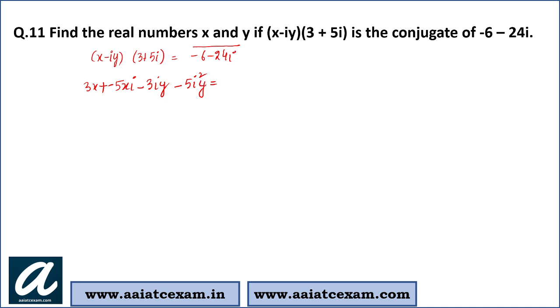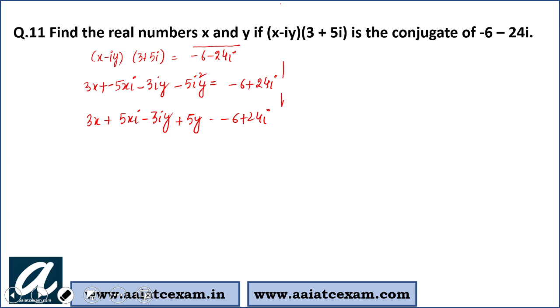This is equal to conjugate of this number, which is minus 6 plus 24 iota. So I will write 3x plus 5x iota minus 3 iota y plus 5y is equal to minus 6 plus 24 iota.